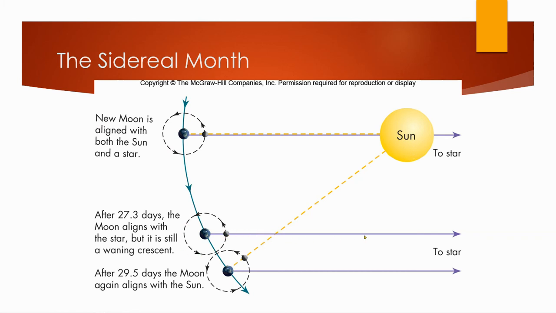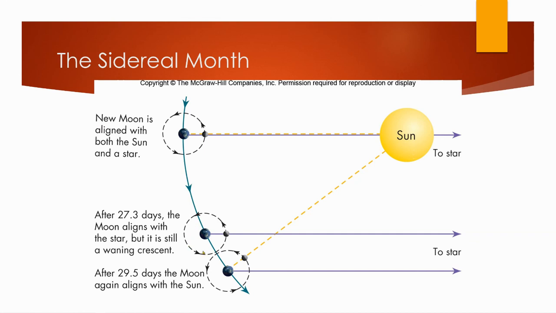But notice now, it's not facing the sun. It takes 29 and a half days for it to line back up with the sun. And it's just because the Earth is also orbiting the sun. As the Earth goes around the sun, the moon is going around the Earth.